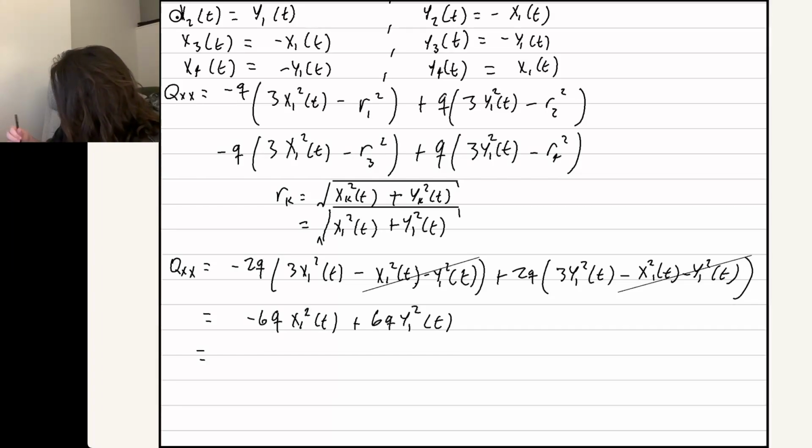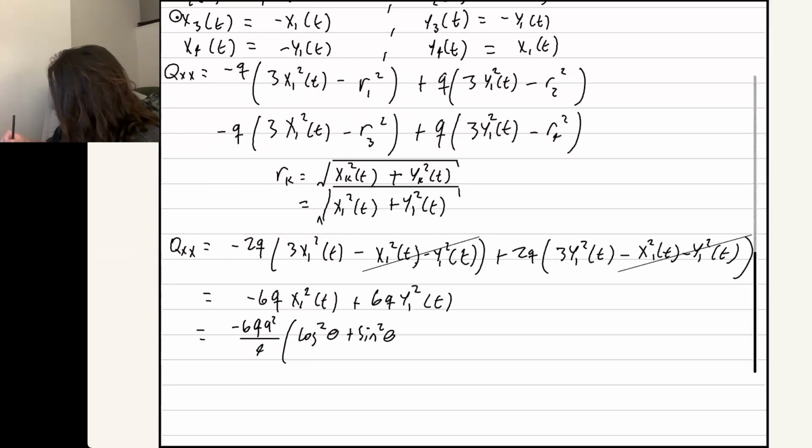And then we can write what those are. So we'll have minus 6qa squared over 4, and this is going to be cosine squared theta plus sine squared theta minus 2 cosine theta sine theta.